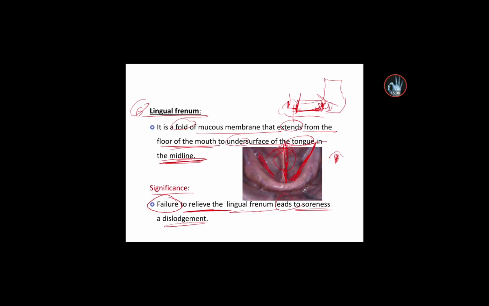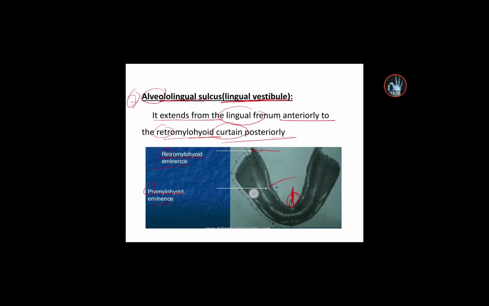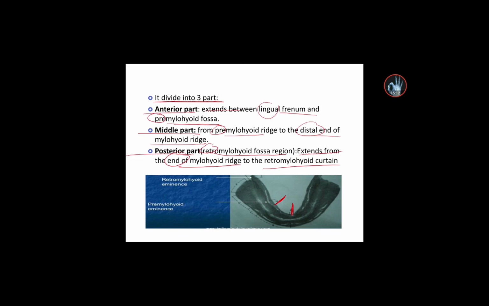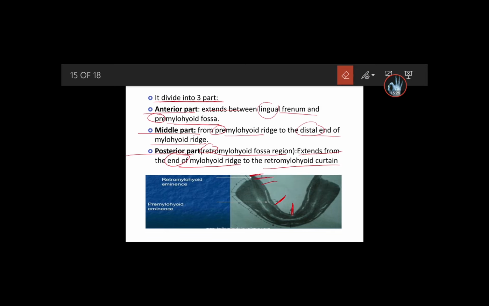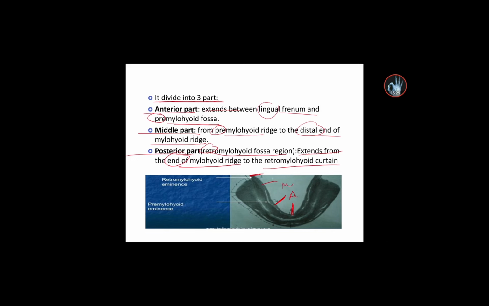It's here. I know my drawing is so bad, but it's described like this, as it appears here clearly. So this is the anterior part, this is the middle part, and this is the posterior part. Okay, anterior, middle, posterior part.